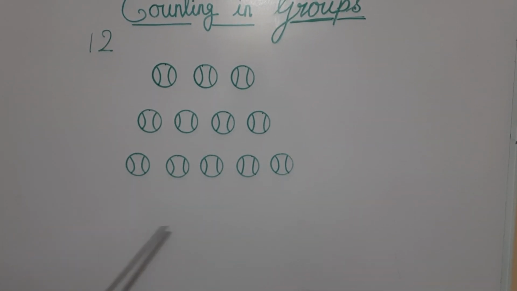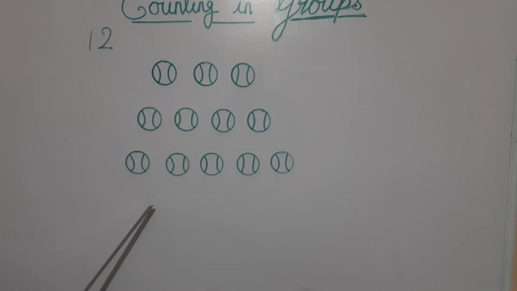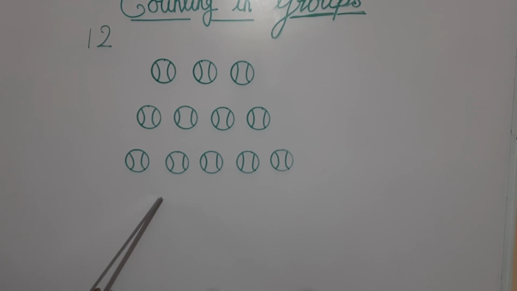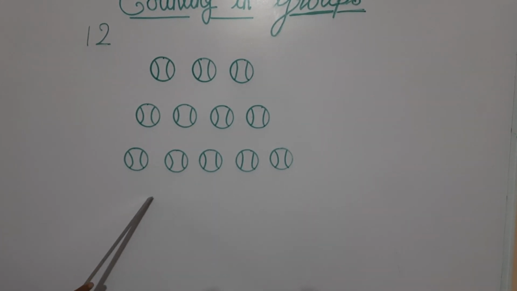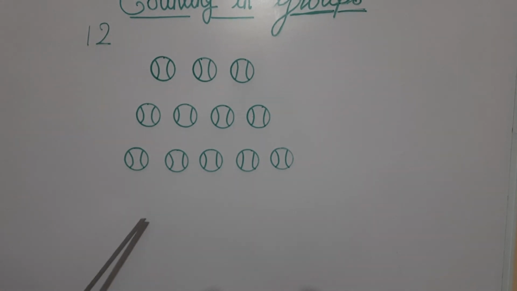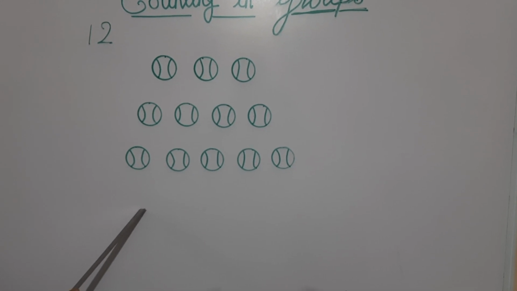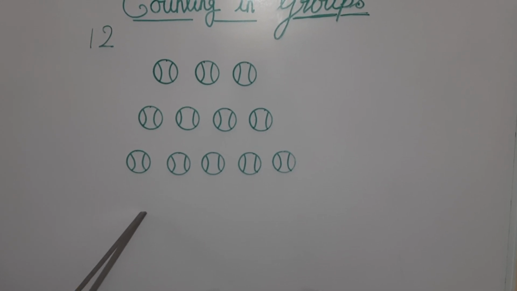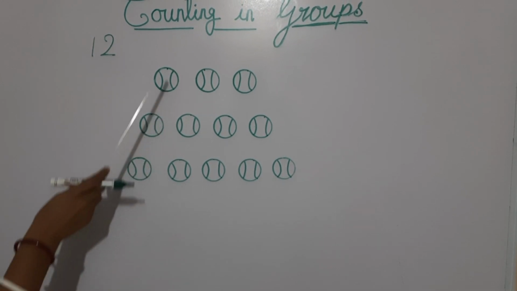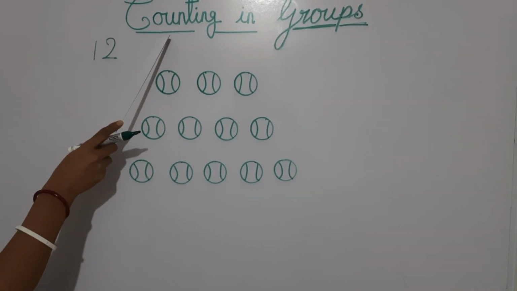But doing it in this method may take a longer time. Not only that, if you are counting so many things at a time, it may cause some mistakes. So to avoid mistakes and to save our time, today I will teach you a very simple method that is called counting in groups.